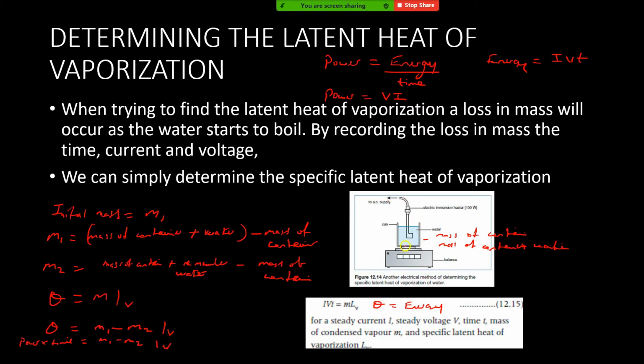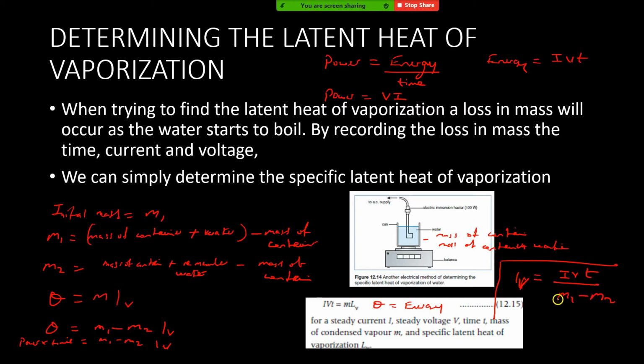So by way of just transposing the equation, we could see that LV, which is the latent heat of vaporization, is equal to pretty much your energy, which is IVT, divided by the change in the mass, which is M1 minus M2, right?